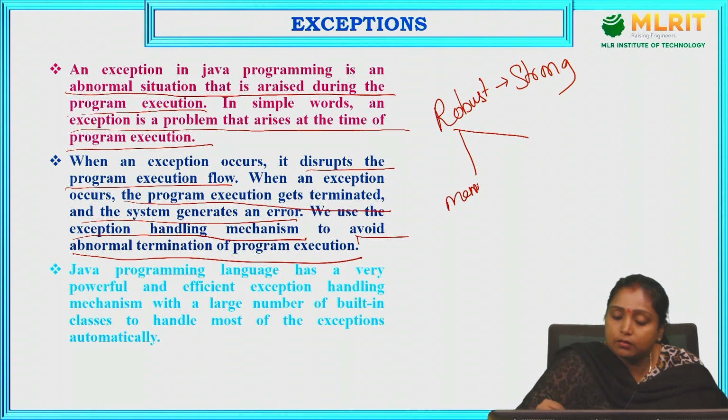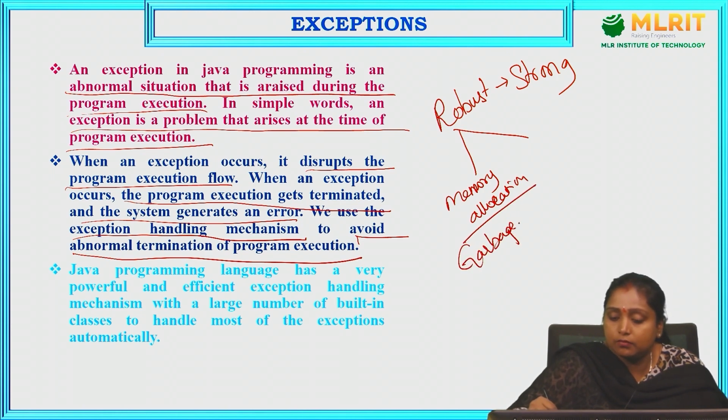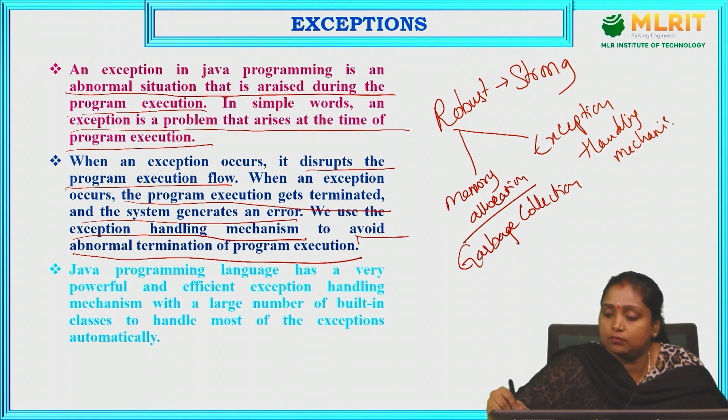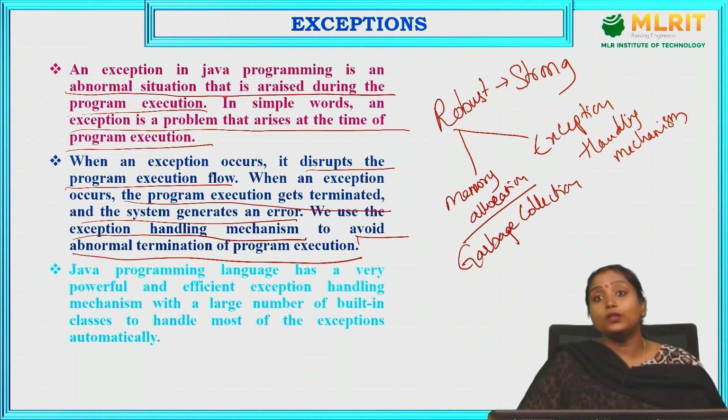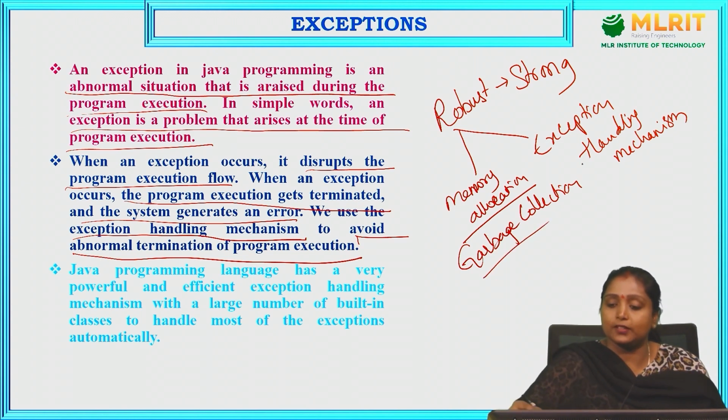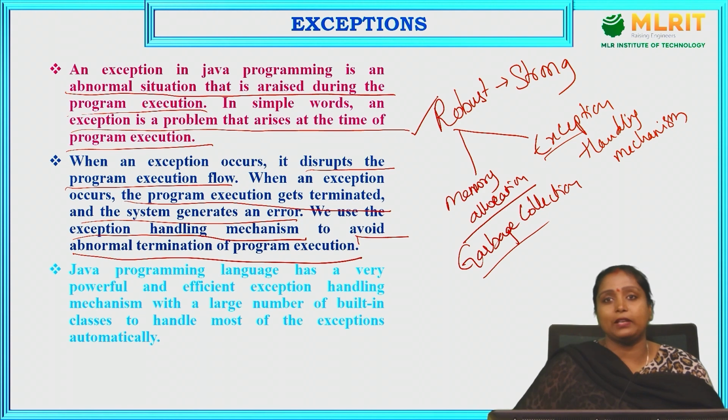One is memory allocation, or you can say garbage collection, and the second one is the exception handling mechanism. By these two features, Java is said to be a robust programming language.